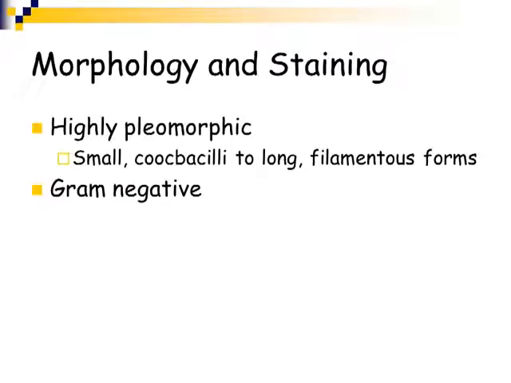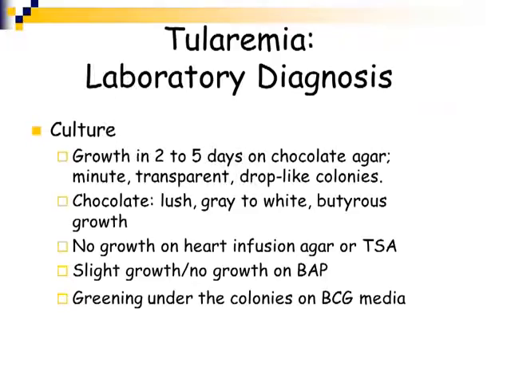This organism is highly pleomorphic. You can see teeny tiny rods, you can see long filamentous forms, and of course it's gram-negative. It takes 2 to 5 days for the organism to grow, and it doesn't grow very well on your 5% sheep blood agar plates. It prefers to grow on chocolate agar as minute, transparent, very tiny little colonies that look like small little drops.